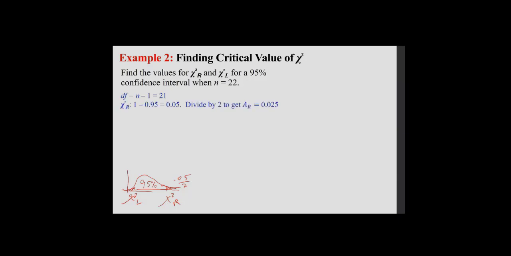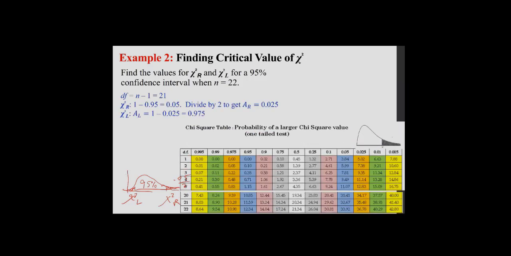We need the area to the right. So let's look at the table. N is 22, so degrees of freedom is 21. So we are looking at degrees of freedom is 21. Now, area to the right of 0.975, and you can see the answer here. Okay, 10.28.